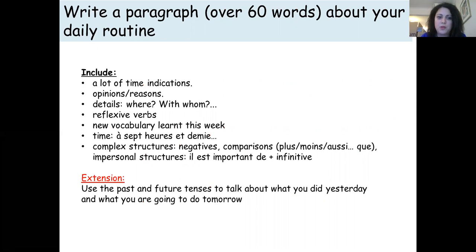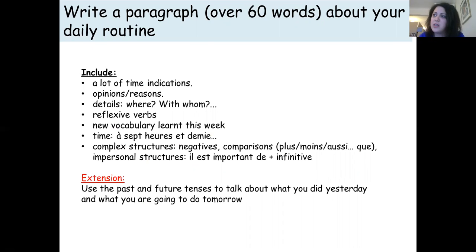You need to include a lot of sequences after that, first, then, finally, all of this. Then I would like you to include some reasons and opinions in your paragraph as well. It's too early. I love eating cereal in the morning, these kind of things. And details: where do you eat breakfast?